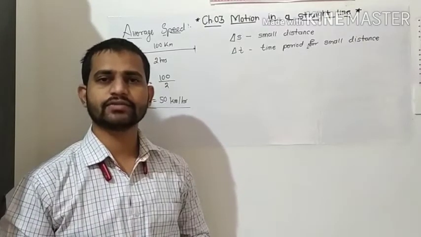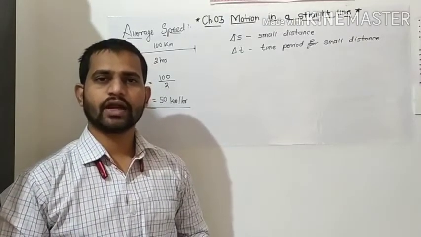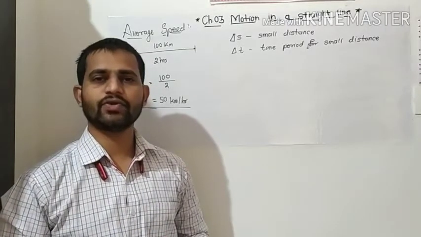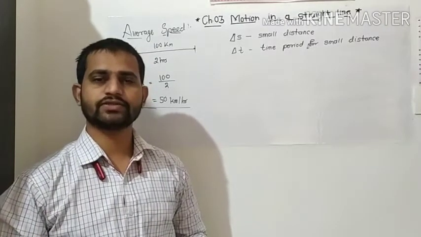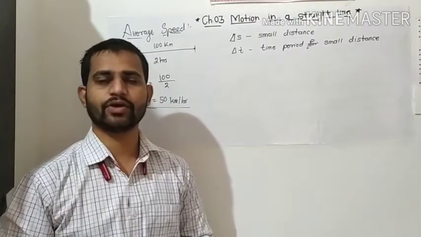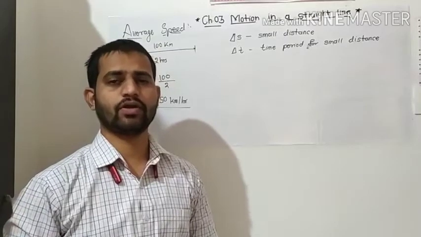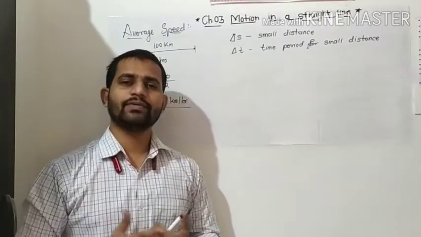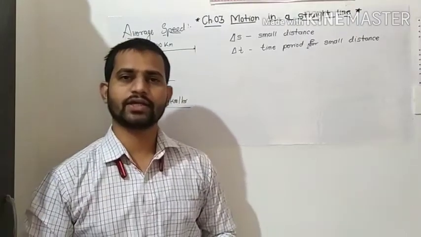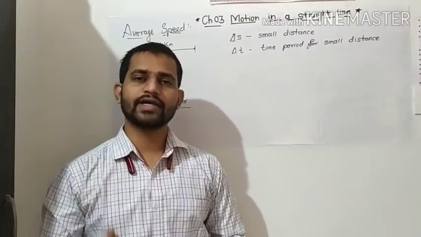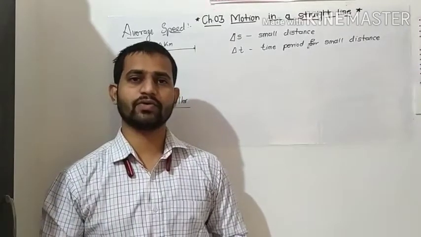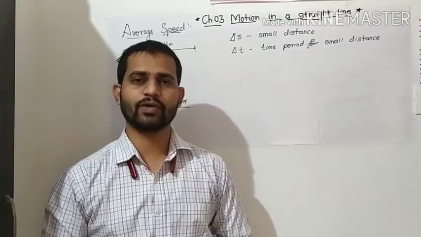So there may be some area which is crowded, where we have to travel at a reduced speed, like 40 km, 30 km, 10 km per hour. And there may be some area where the road is blank, so we may travel at a higher speed than 50 km per hour: 60, 70, 80 km per hour.